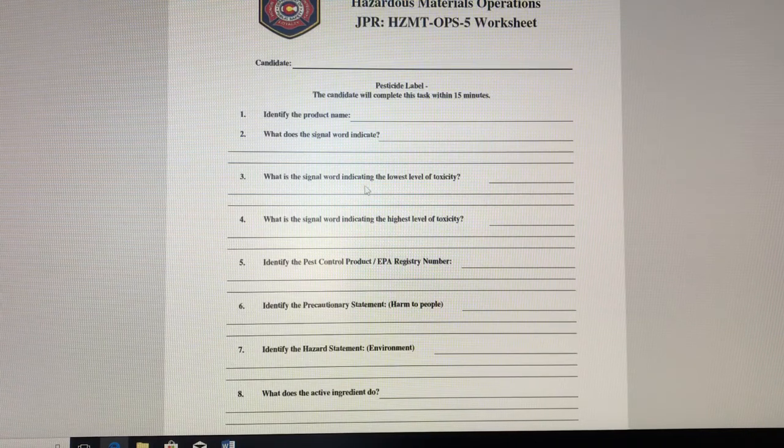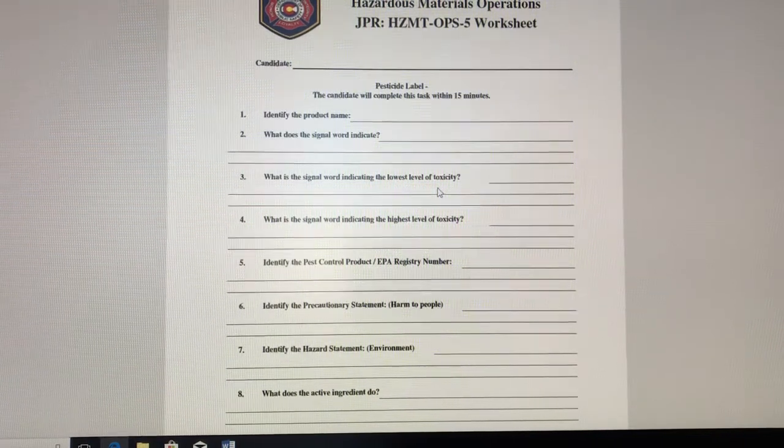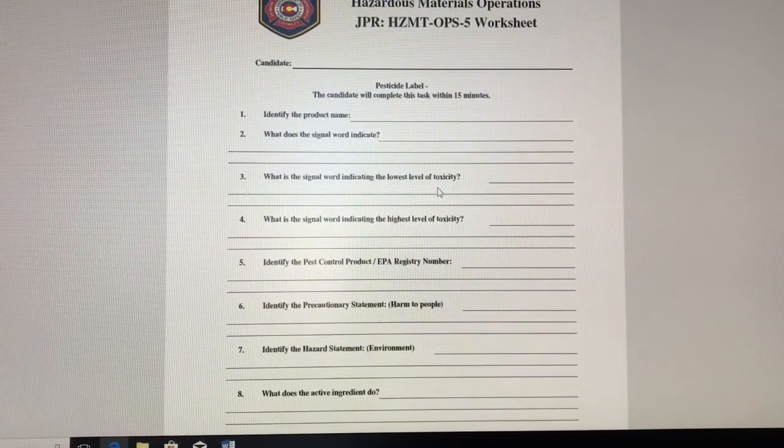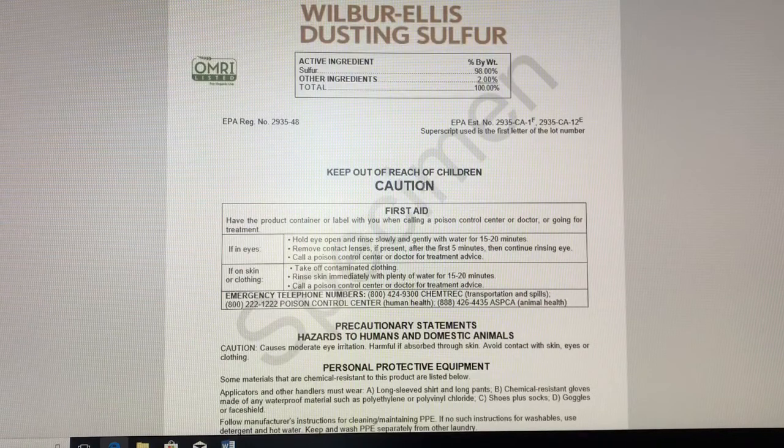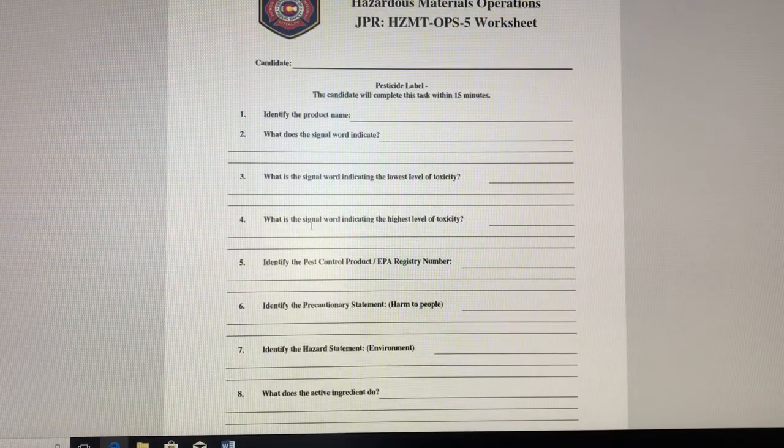What is the signal word indicating the lowest level of toxicity? Now this isn't necessarily coming off your label, this is something you need to remember from your studies. The lowest level of toxicity in terms of signal words is caution. So even though this can be hazardous, it's listed with caution as its signal word. What is the signal word indicating the highest level of toxicity?